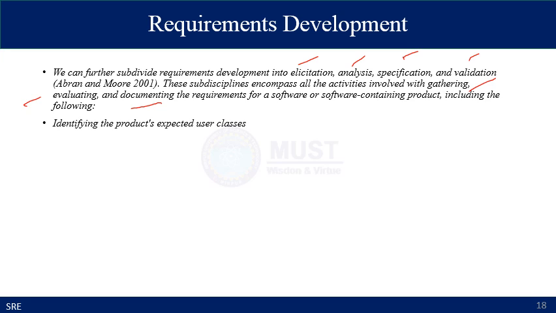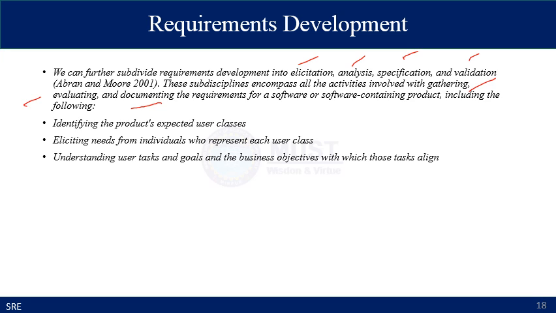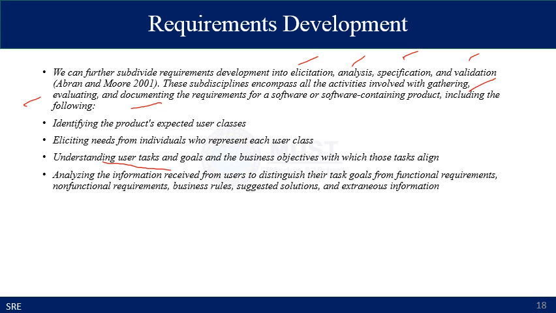Initially it is about identifying the product's expected user classes, and eliciting needs from the individuals who represent each user class. Then understand the user tasks and goals, and the business objectives with which those tasks align. So we conduct different analyses of the user tasks and goals.